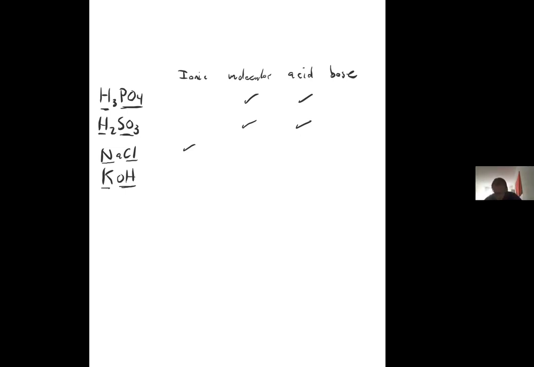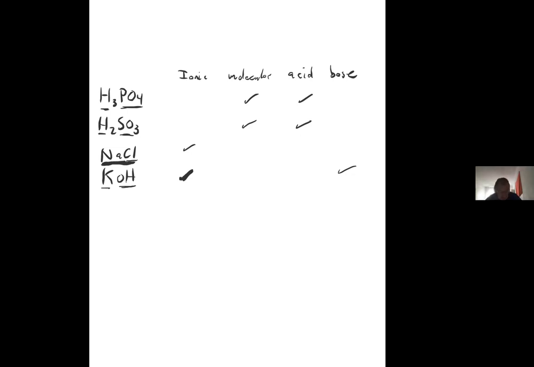The question is, it's a base, but is it also an ionic compound? That's an interesting issue. What's an ionic compound? Well, an ionic compound is a metal with a non-metal. So KOH, not only is it a base, it's also an ionic compound. So keep in mind that something could be ionic but not a base, like sodium chloride, because it doesn't have the OH minus, the hydroxide.